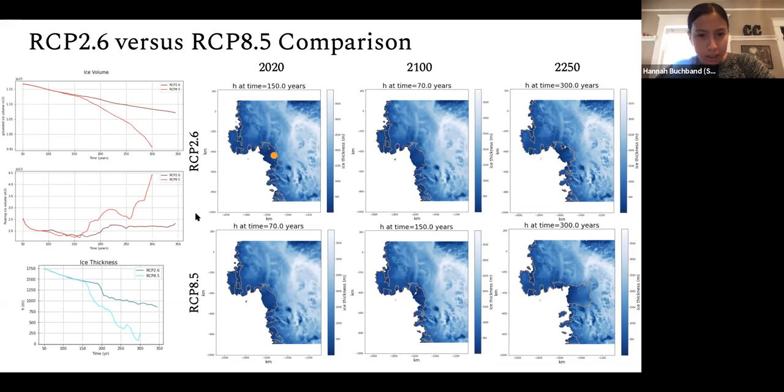And then ice thickness also shows a similar trend, where 2.6 remains thicker over time while 8.5 nearly drops to zero from 1750 meters over the course of 250 years. And the maps show similar ice and grounding line retreat patterns, but perhaps more drastic than the ISMIP data.